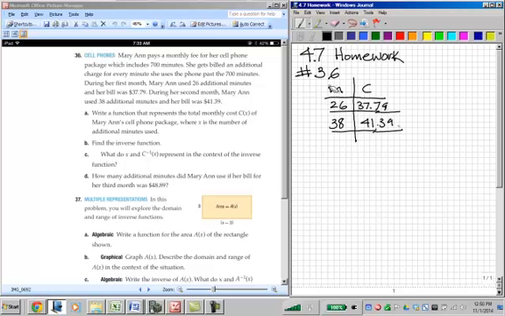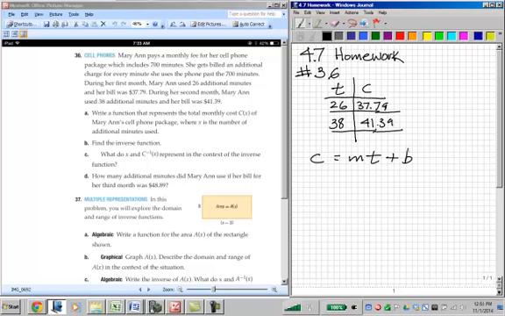Okay, so now we want to have an equation in which it looks like this. Let's not use minutes, let's use time. Okay, so the charge is going to equal M, that's the rate that she's being charged for the extra minutes, plus B, and B is how much it costs to get the thing set up in the first place.